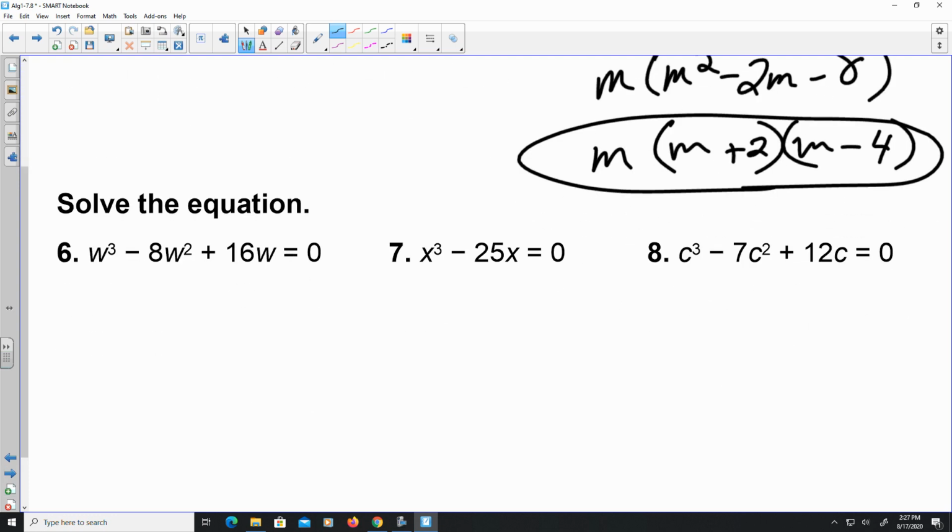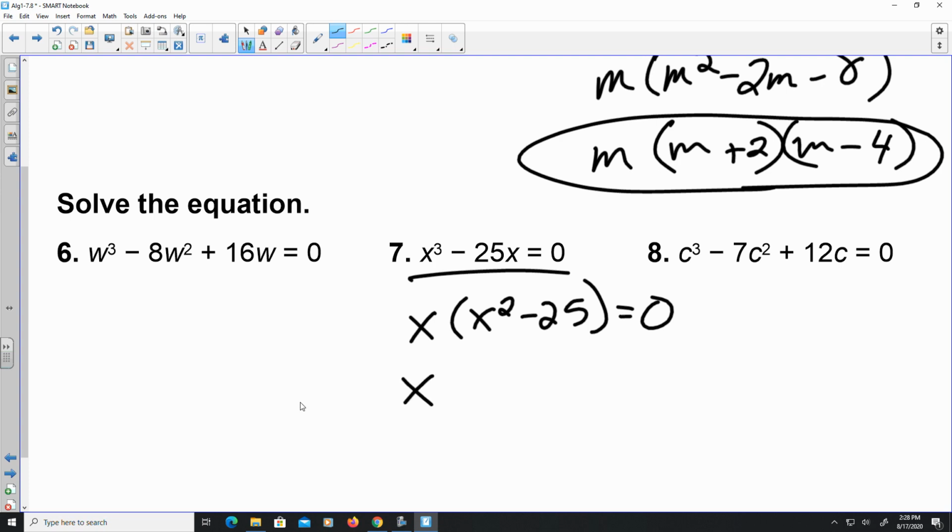If we looked at, say, number 7, the equation is set equal to 0, so we're good there. I can factor out an x. So now I'm left with x squared minus 25 set equal to 0. Well, x is what it is. Can't factor anything else. But this is a sum and difference pattern.